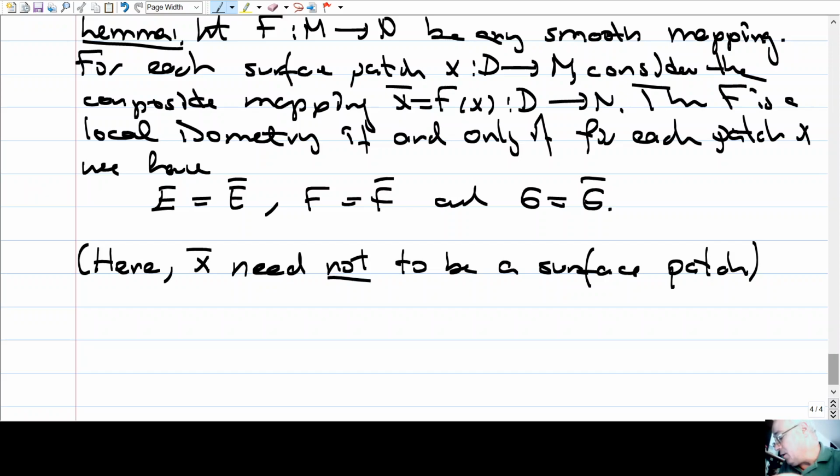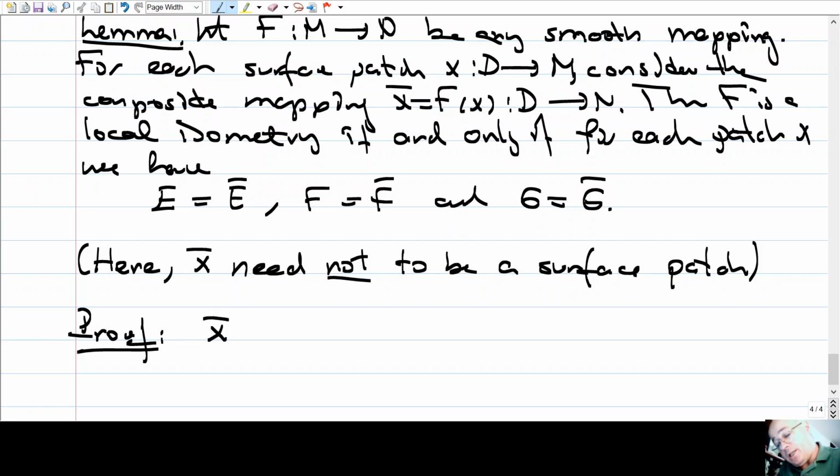But still, it gives a parameterization of the surface. Well, it may give a parameterization, yeah. If it is an isometry, then it will. Okay, let's see the proof.